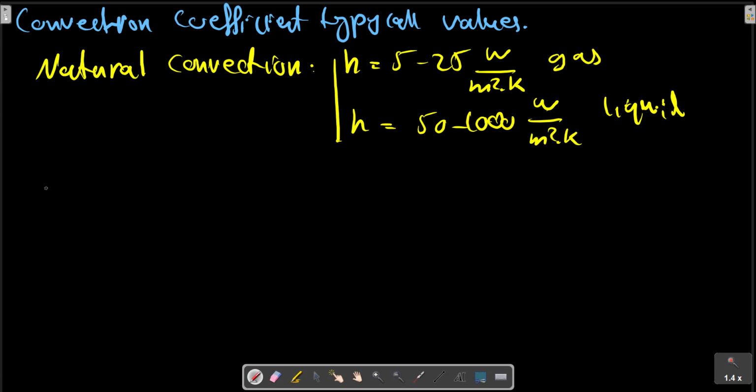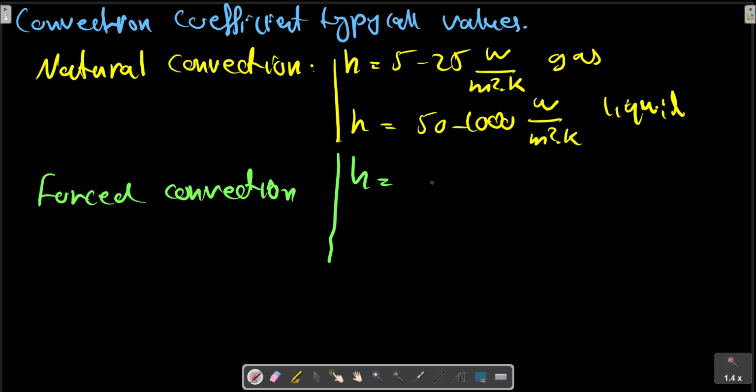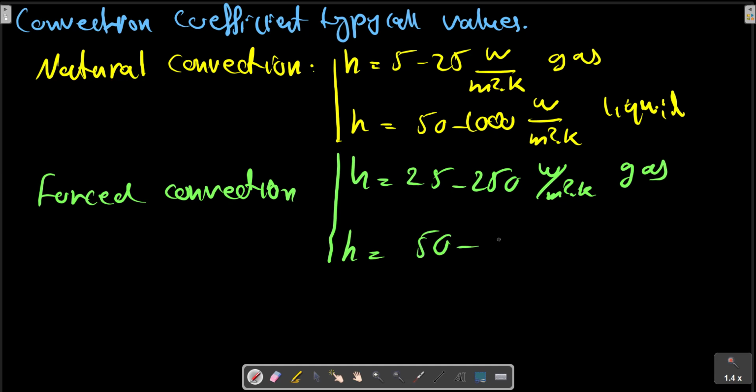We also have forced convection, h equals 25 to 250 for gas, and h equals 50 to 20,000 for liquid.